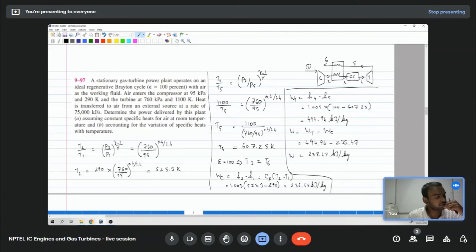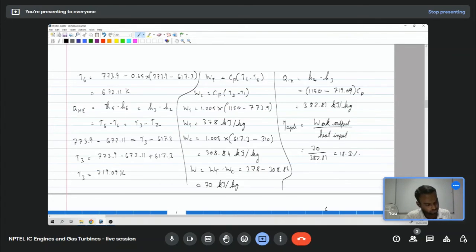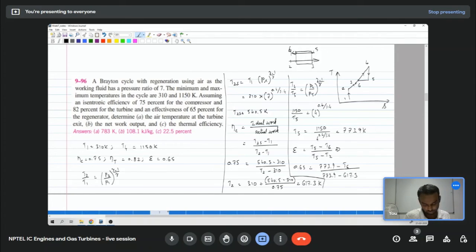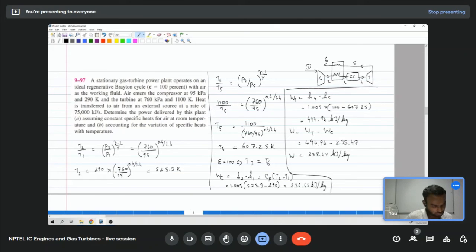Now we have calculated the work output of the gas turbine, but we are still not sure how to get the T3 value or the enthalpy at 3. Q in is H4 minus H3.